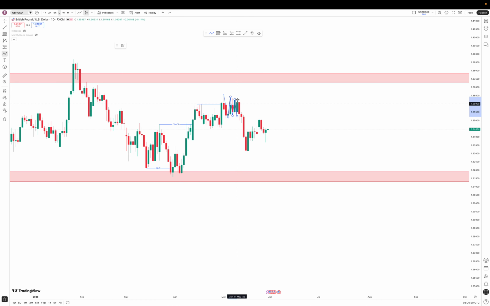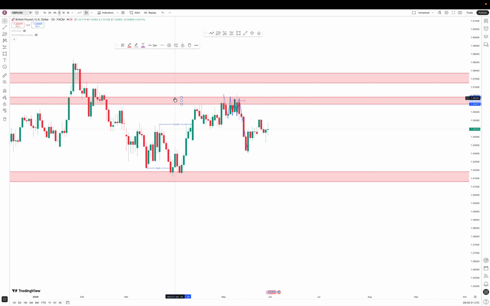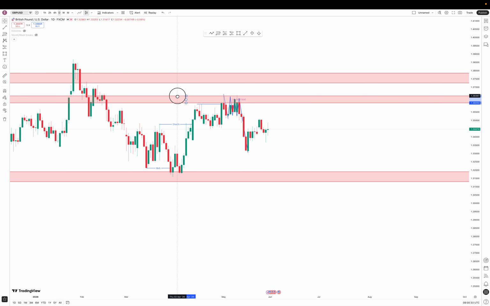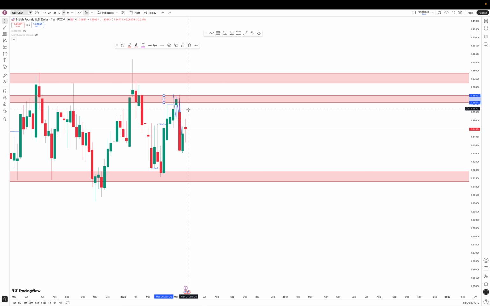It ranged a bit here. Then you see the sellers take over. Okay, this was the supply zone that the market reacted from. I showed you guys this supply zone on the weekly time frame, and I can still show you guys again. Yeah, this was the supply zone. You can see the supply zone.